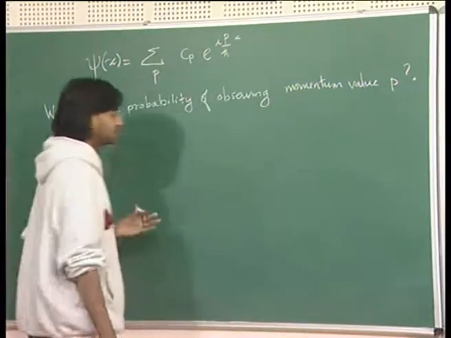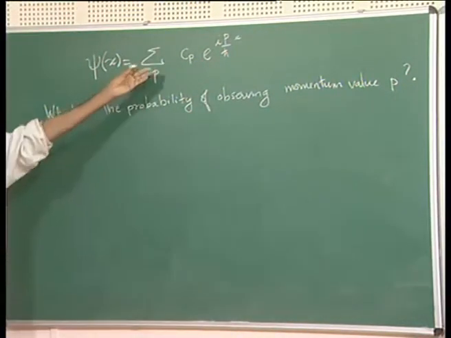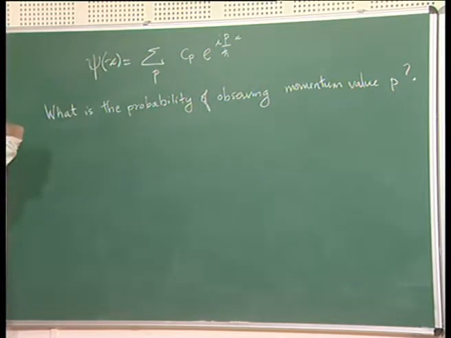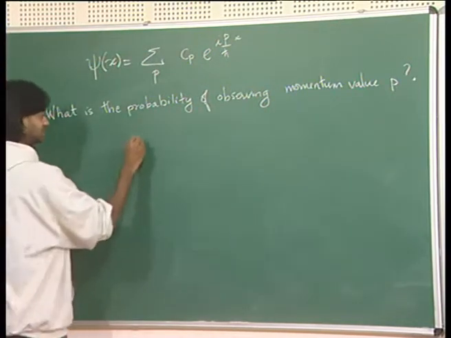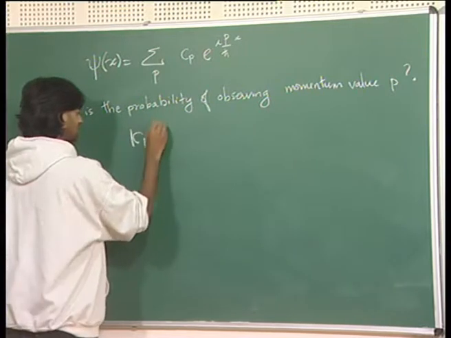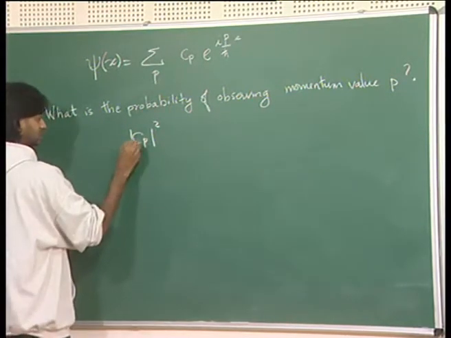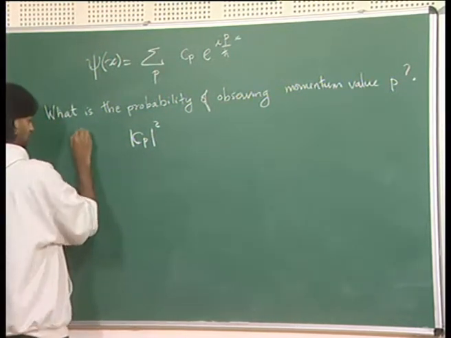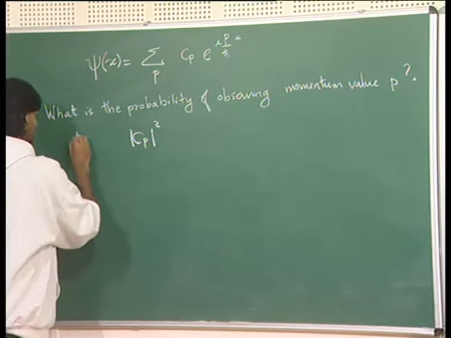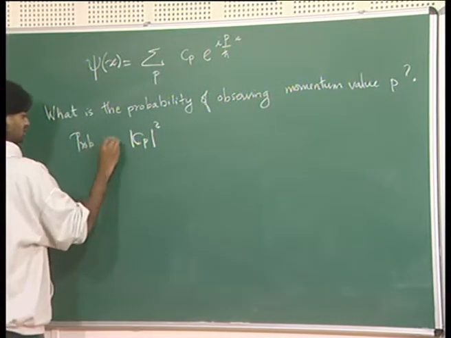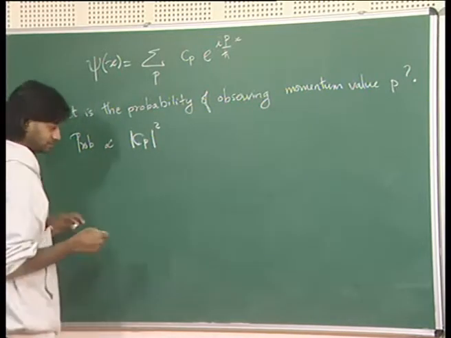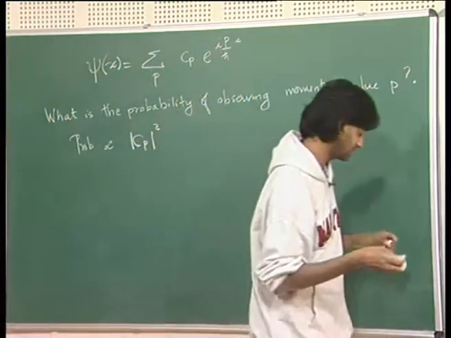You make a measurement, and you will get one of the eigenvalues. What is the probability of getting momentum value p? The answer is just Cp square. So the probability is proportional to Cp square. This is the probability of observing momentum p.